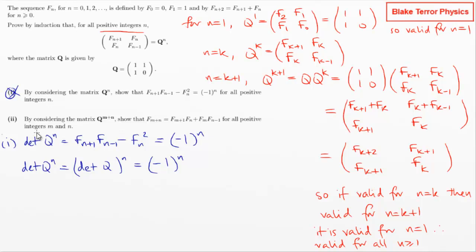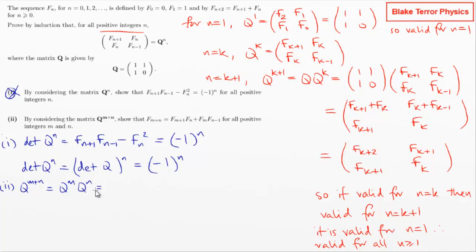I wonder if I'll be able to get part 2 on here as well. By considering the matrix Q^{m+n}. It looks like it's the same thing. So let's try that. If not, I'll pull a new sheet up. Q to the power of m plus n is just Q to the m times Q to the n.